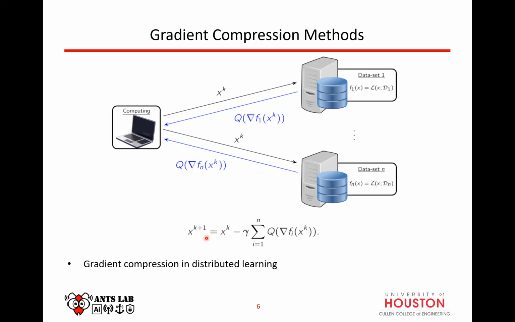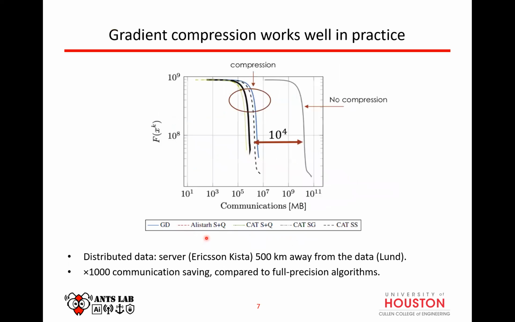These methods are mainly used because we know that they work well in practice. Given some existing methods, let's say this black line means no compression was performed, and the other lines correspond to sparsification, or sparsification along with quantization, or just quantization, etc.